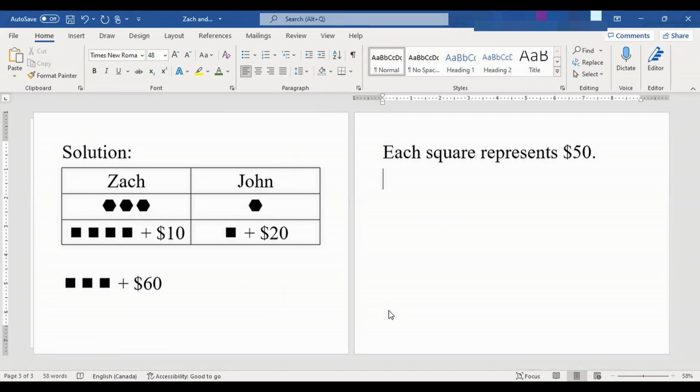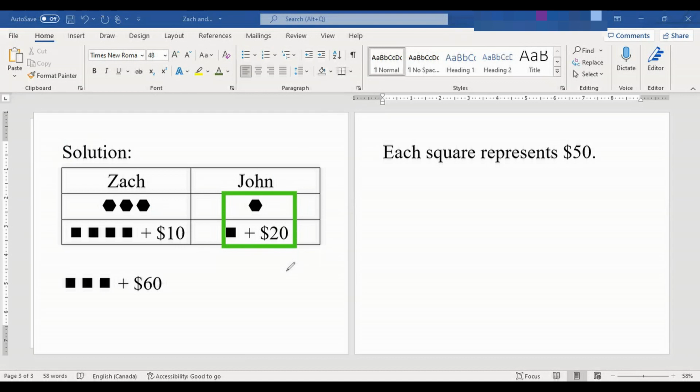And now we need to figure out what each hexagon represents. To do that, we're going to look at John's two representations right now. We can see that he has one hexagon and one square plus $20. Okay, so as we mentioned before, both representations represent the same amount of money, John's original amount.